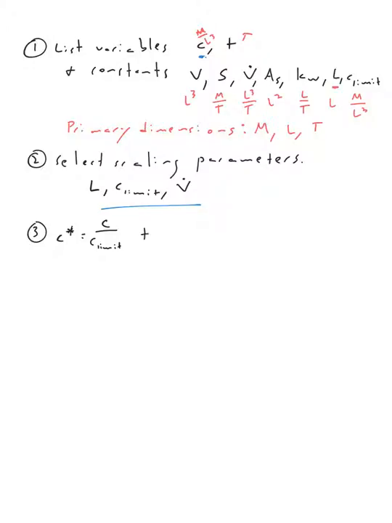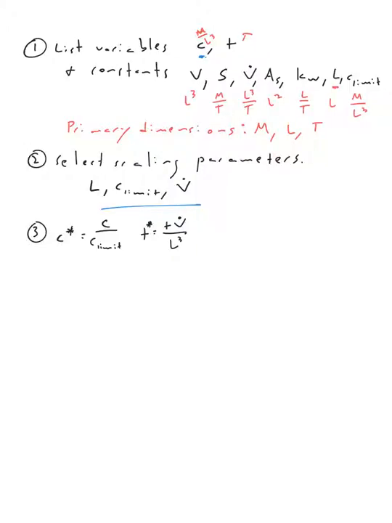Okay, T. How are we going to get T? The scaling parameter we have with T in it is V dot. So T times V dot, obviously we'll get rid of our time, but now we've added in a length cubed, so we have to divide by length cubed to deal with that.